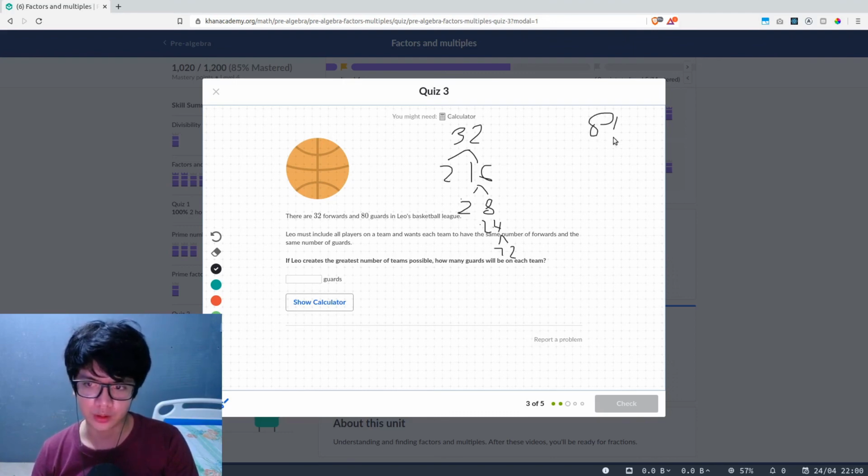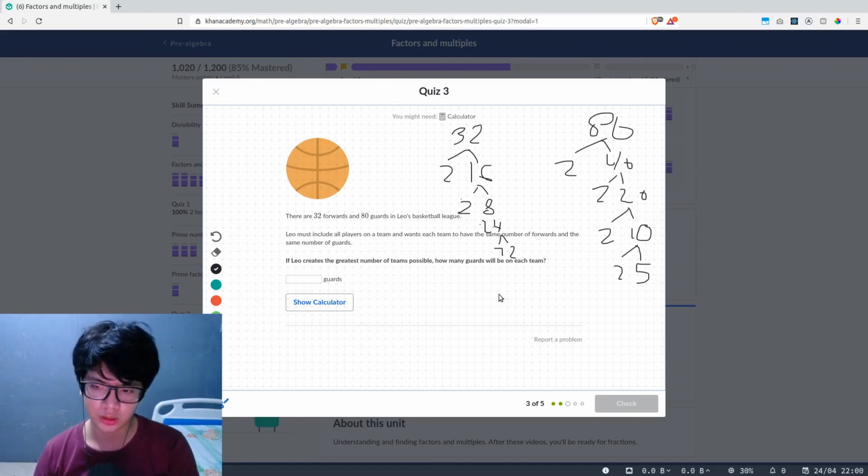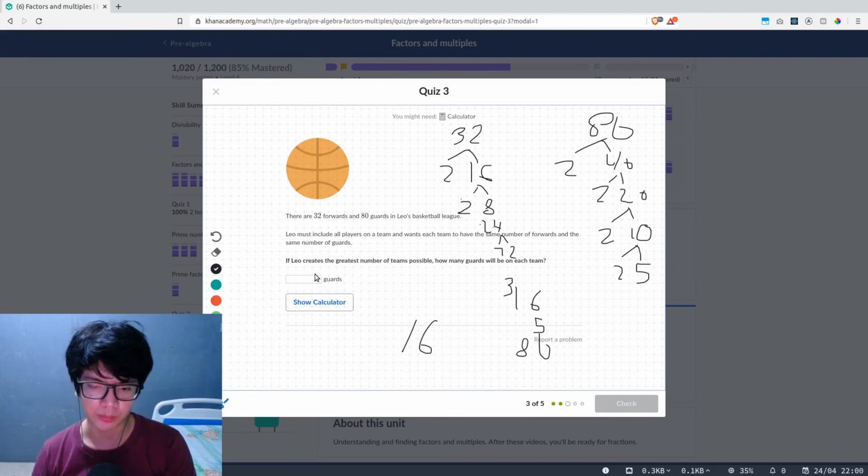Now we have guards. 80, 40, 20, 10, and 5. Okay, 1, 2, 3, 4. I have 4, so it's gonna be 16. Yeah, I mean 16 times 5 is 80, so 16. So it's 16 for the number of groups, right?